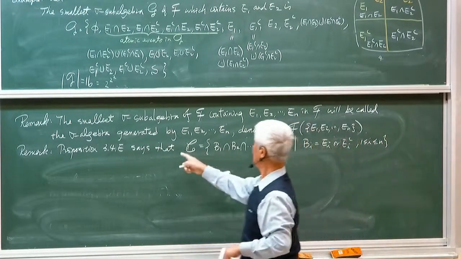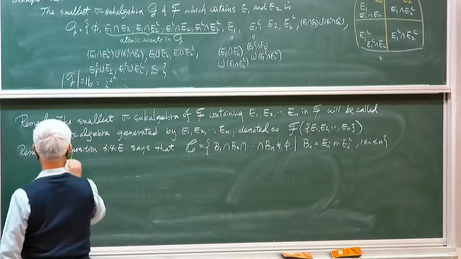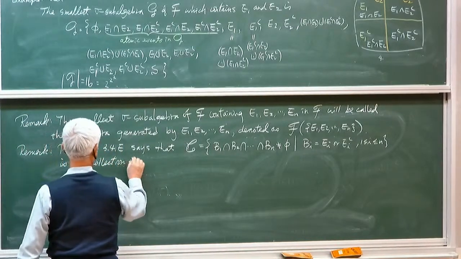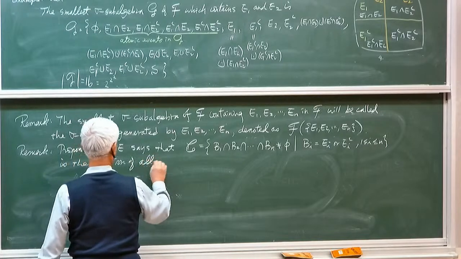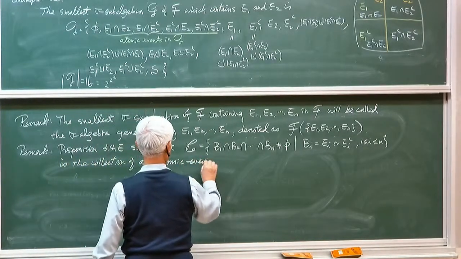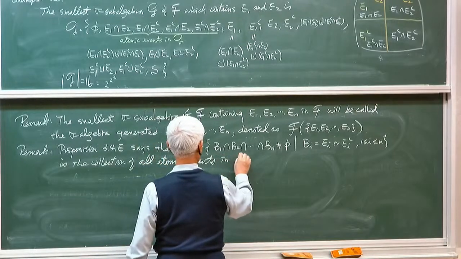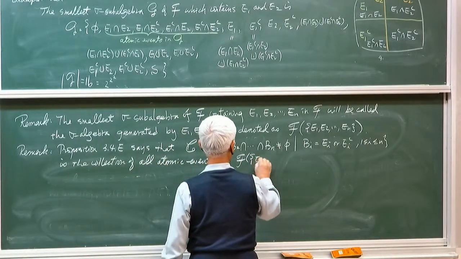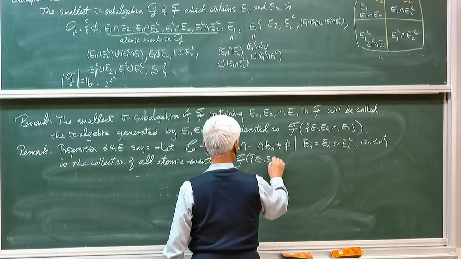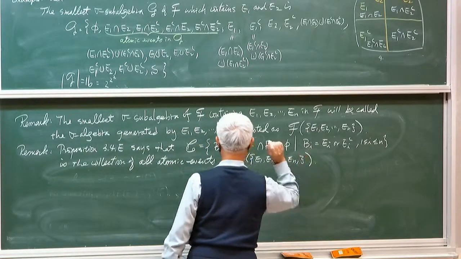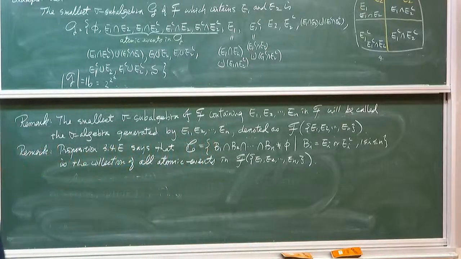Okay, this collection is the collection of all atomic events in the sigma algebra generated by E1 up to En. So they are all atomic events there.